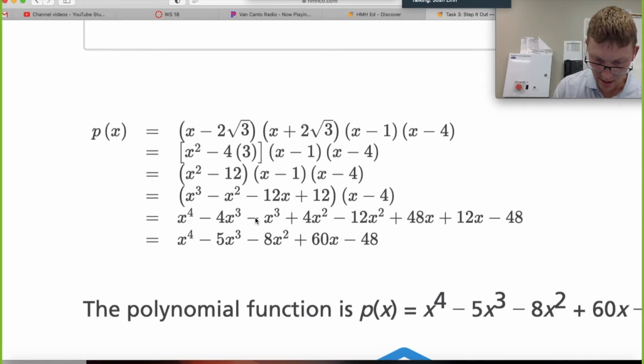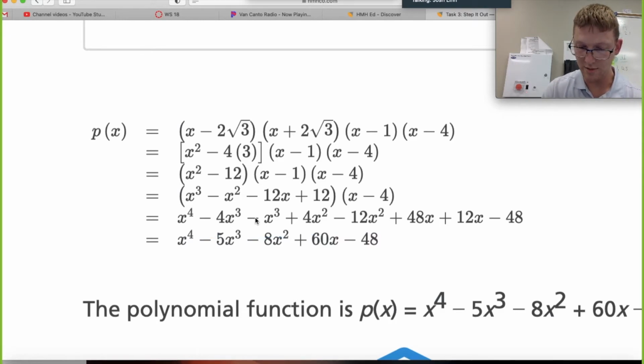So then they simplified this. Easy enough. That's where we are here. So then they FOILed this into there. That's where we got this guy. Then they FOILed their last one, and then combined like terms.